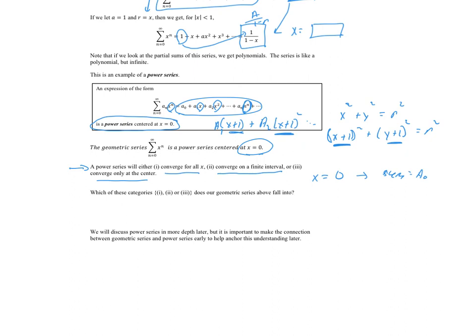So that's pretty easy to figure out. This is a power series now. It has an x. This isn't just a generic series like we had before, where if you're multiplying like your geometric series with an r greater than 1, it's going to diverge. A power series has an x in it. So it's either going to converge for all reals, on an interval, or only at the one point.